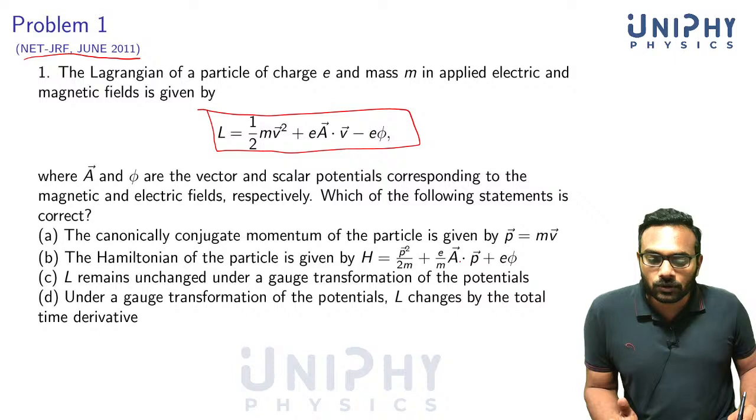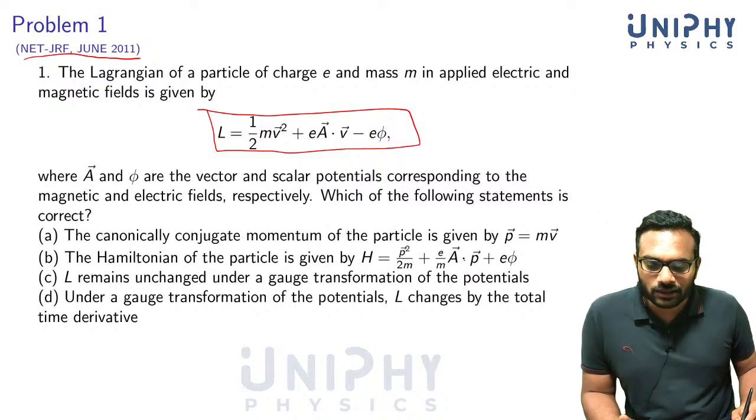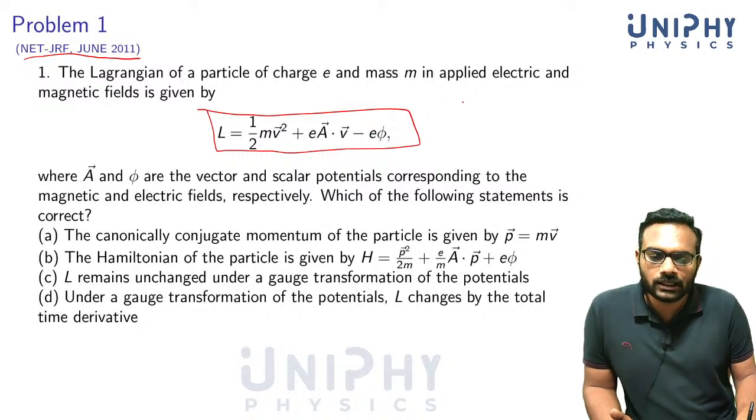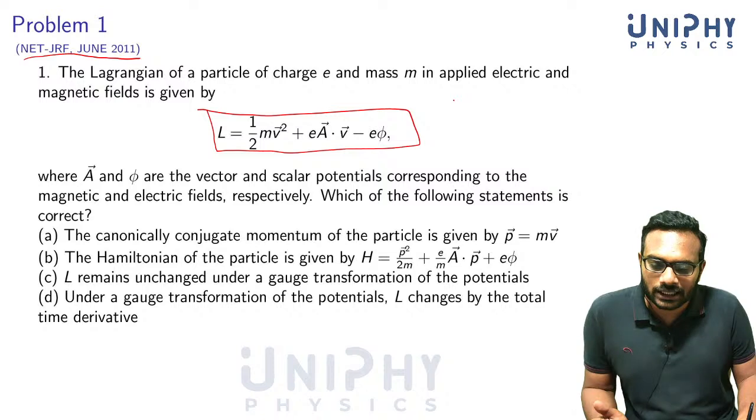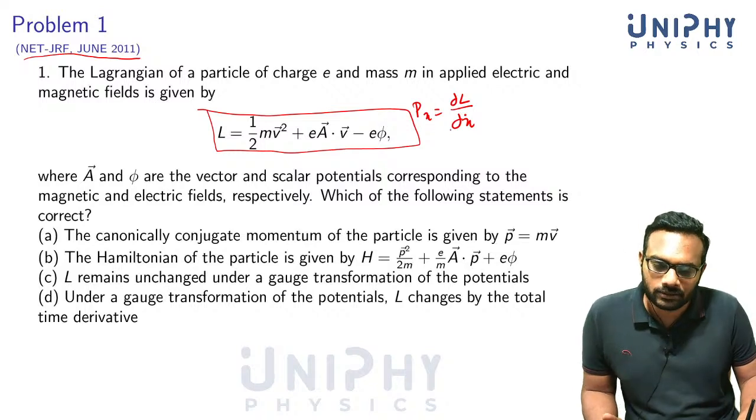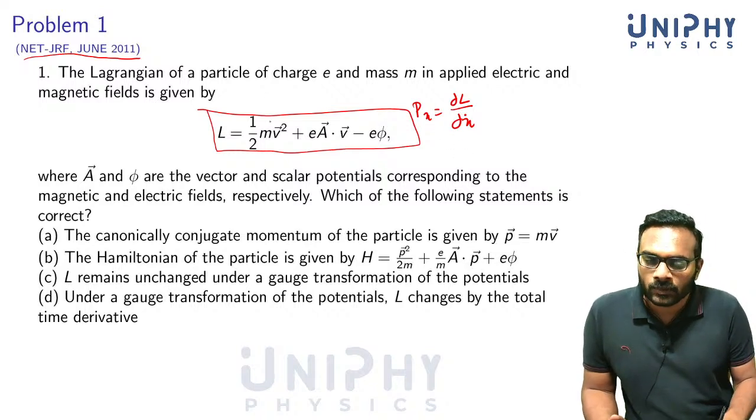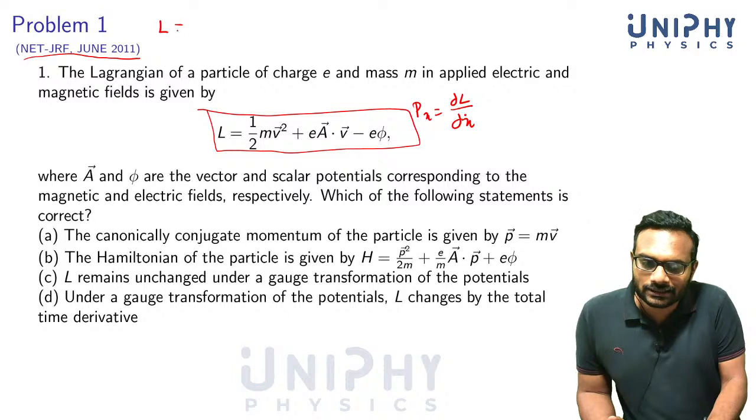The canonically conjugate momentum of the particle is given by P is equal to mv vector. Okay. Is that right? We can easily check this, all right, because we know that canonically conjugate momentum, we usually write it as dou L by dou x dot. Px or simply P, right? It's dou L by dou x dot. Now, if you look at this Lagrangian, we can write it in this form.